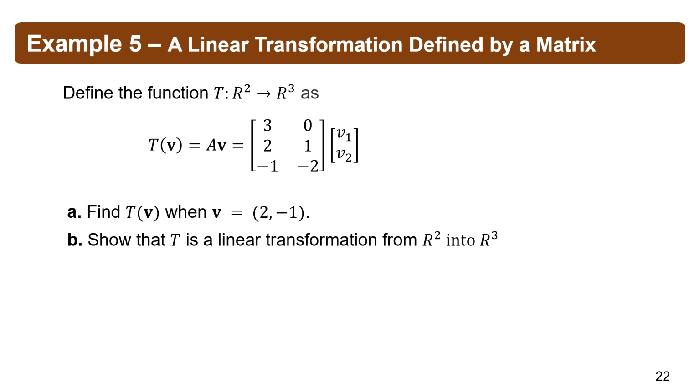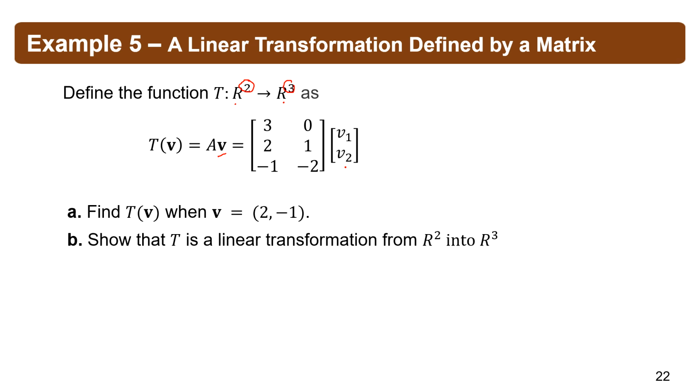For example number 5, we are asked to find the transformation T(v) equal to Av, where A is equal to the matrix with rows (3, 0), (2, 1), and (-1, -2). Of course, v is defined as (v sub 1, v sub 2). So our transformation is defined as the mapping from R2 to R3. So letter A, we're asked to find the transformation of v, where v is equal to (2, -1).